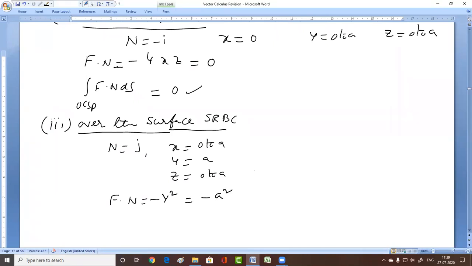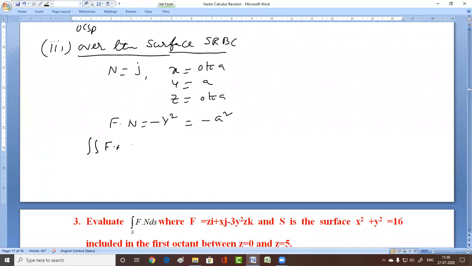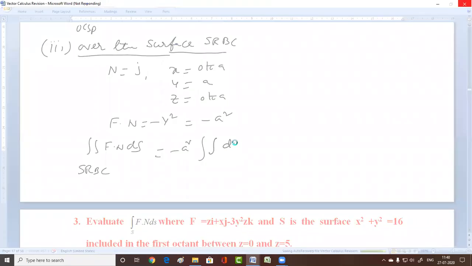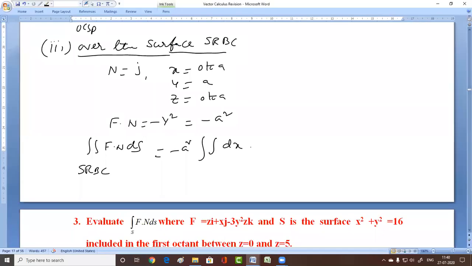The double integral of f dot n ds over the surface SRBC equals minus a square times the double integral, where the varying variables are x and z, so dx dz. What about the limits, x from 0 to a, z from 0 to a?